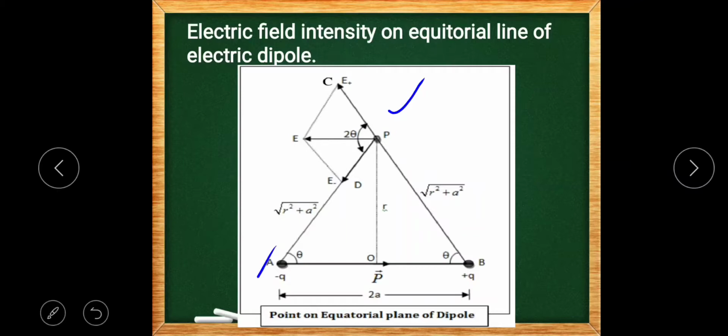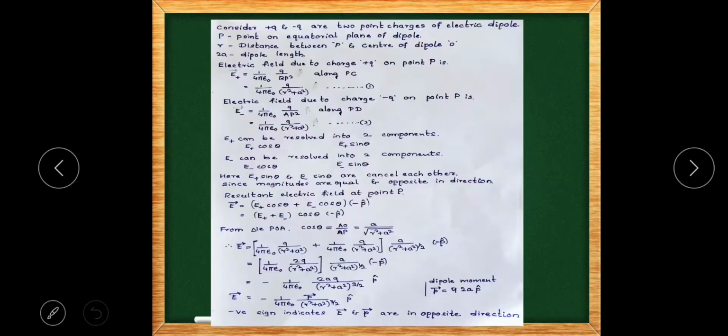It is acting along PD. So E minus equal to 1 by 4 pi epsilon naught q divided by r square plus a square. Actually BP square equals that.